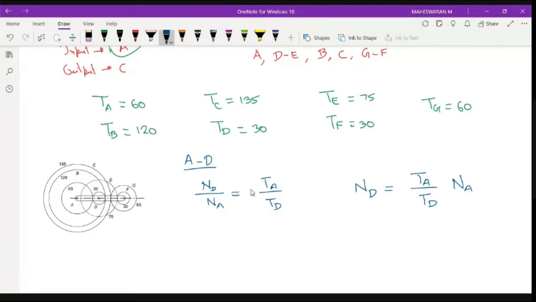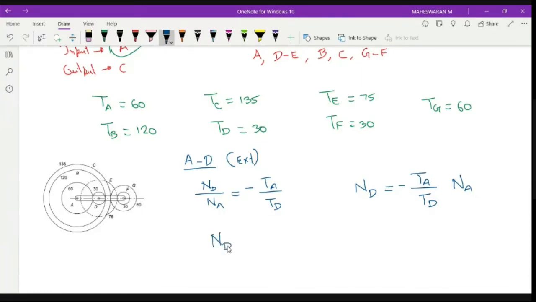Don't forget, you should put a negative sign indicating that this is an external connection. Due to the external connection, we put the negative sign.